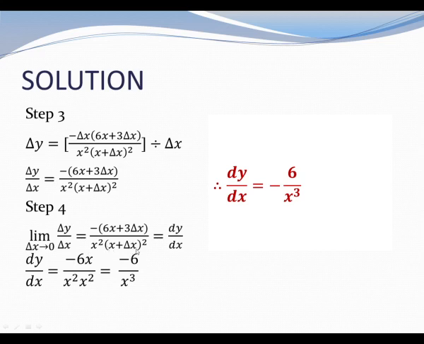In the denominator, when delta x is 0, this is now x squared multiplied by x squared. Finally, for the final answer, we simplify again by reducing the x, so this is now negative 6 over x cubed.